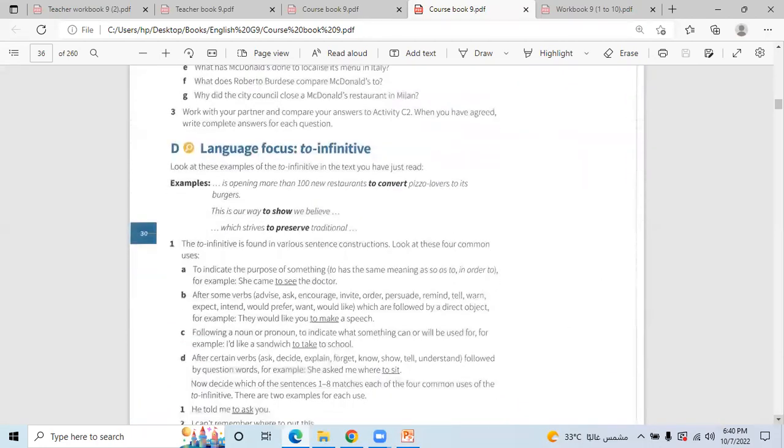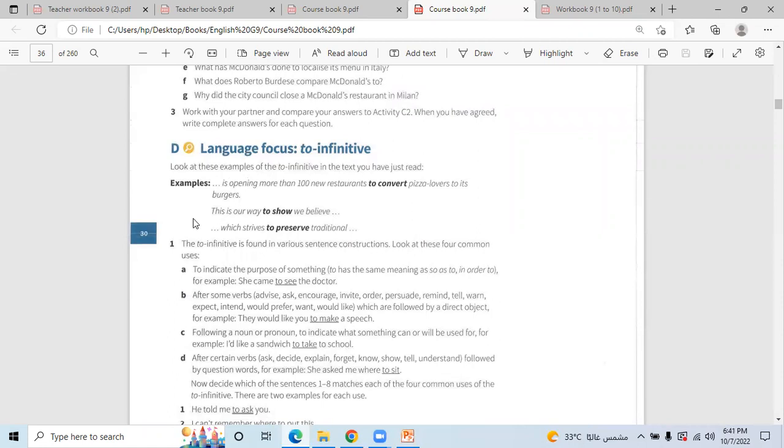Now D here, look at the examples of the to infinitive in the text that you have just read. Example is that Dash is opening more than 100 new restaurants to convert pizza lovers to its burgers.